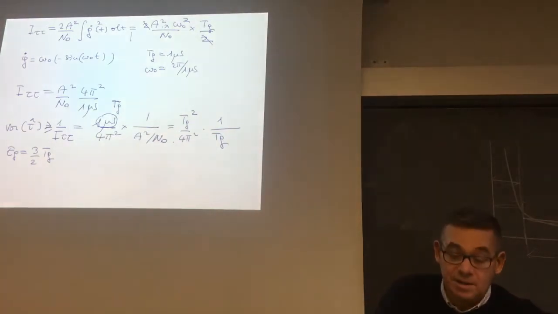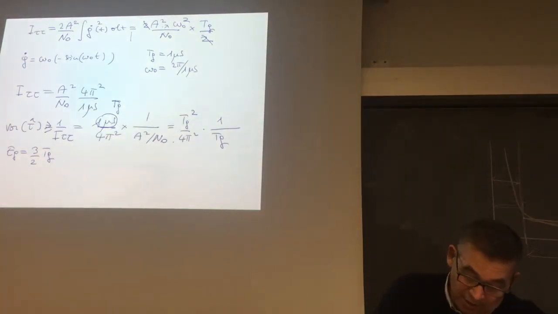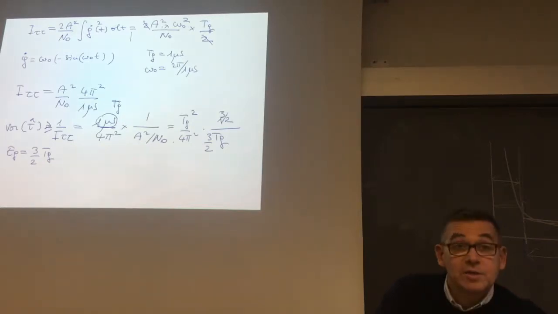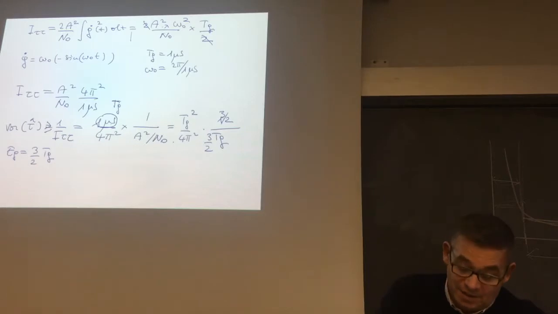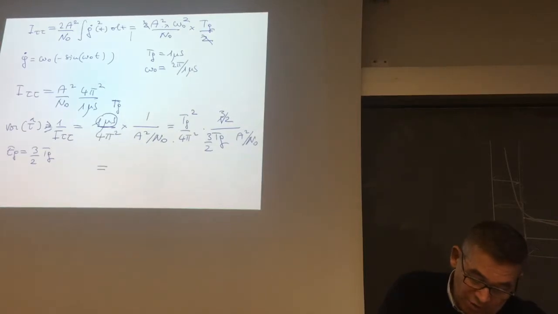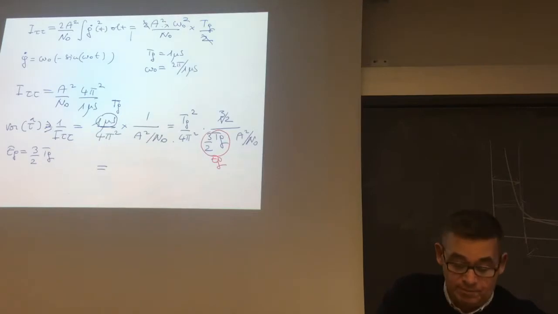Now, if I multiply by 3 half and divide by 3 half, then I'm not doing anything. Now multiply by a squared divided by n0. So a very convenient way to represent it is this. This is the energy of the waveform.